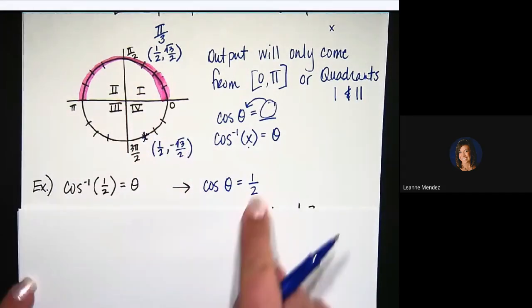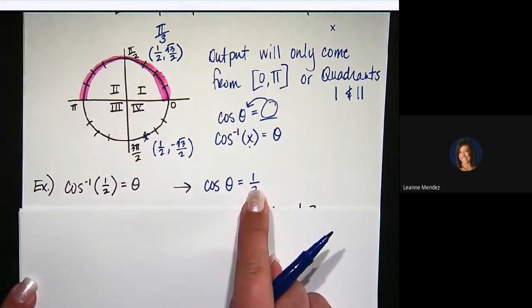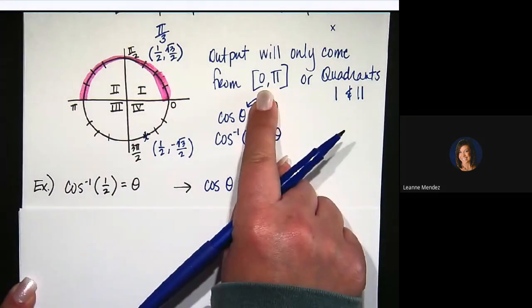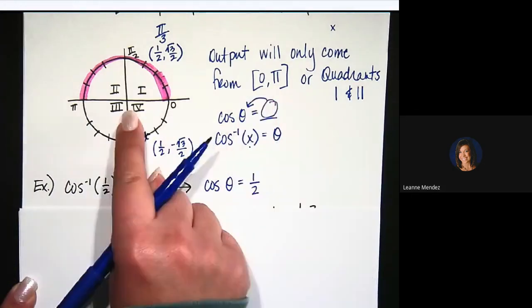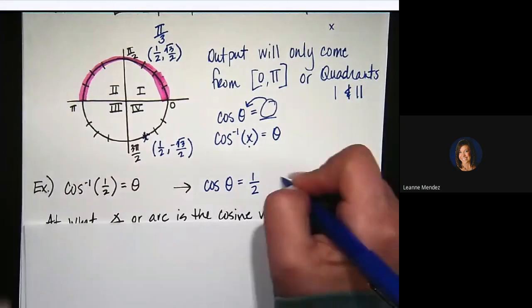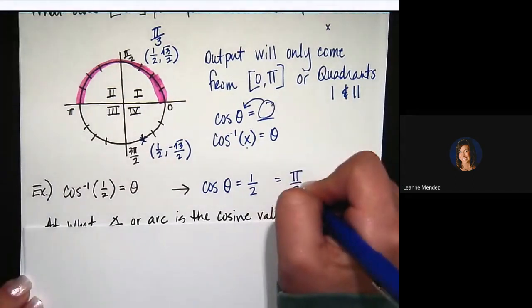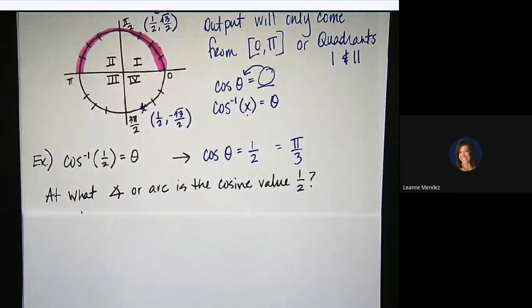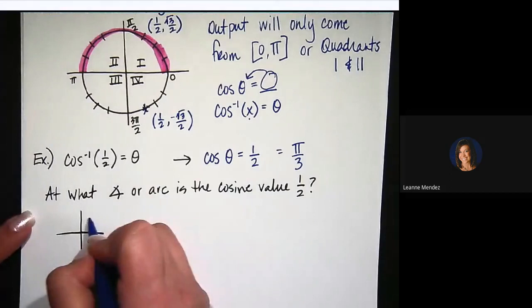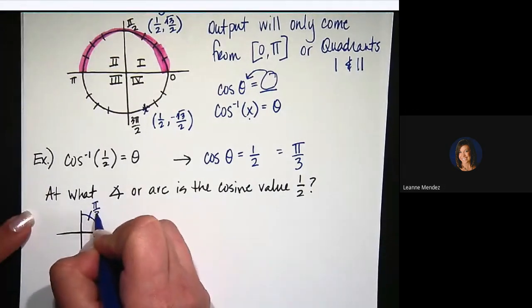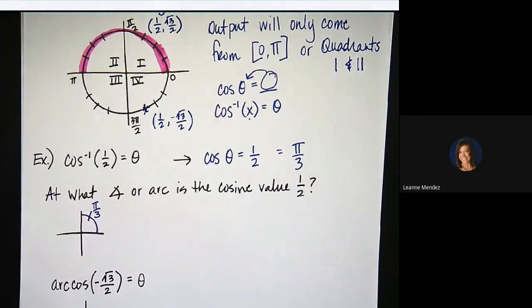So although there are 2 places on the unit circle where cosine is equal to 1/2, because I have restricted the domain, I can only give the output that falls between 0 and pi, which in this case would be pi over 3. So I'm asking at what arc is the cosine value 1/2? It happens in quadrant 1 at pi over 3.